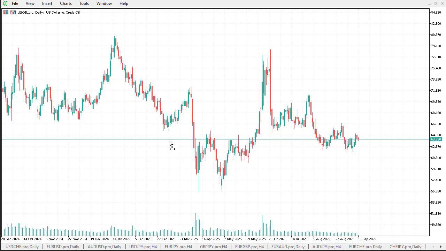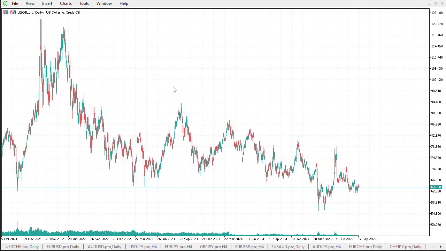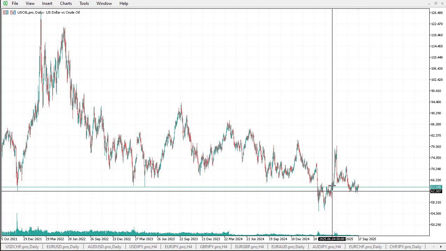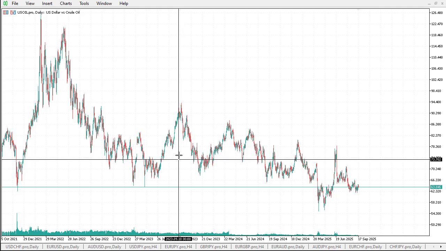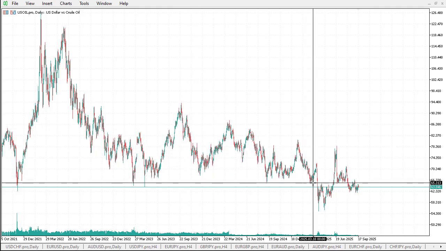Let me zoom out a little bit. What you can see is that with the advancement of computers and electronics, you are not trading against humans. Right now, I have zoomed out a lot and we are going back to 23. You see price action looking like this, up and down within a range.